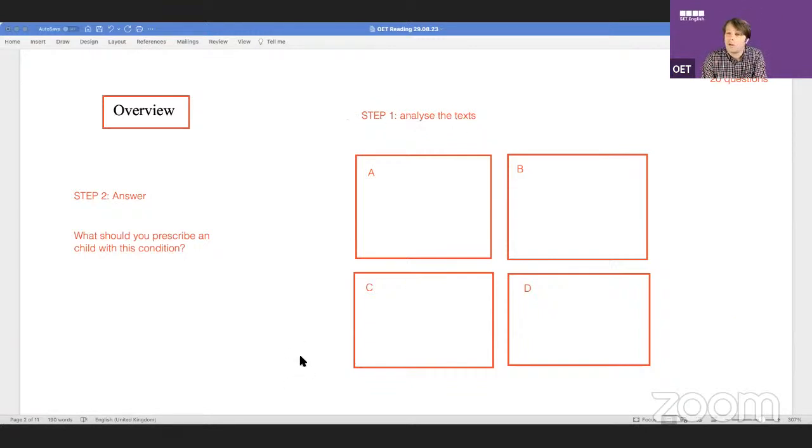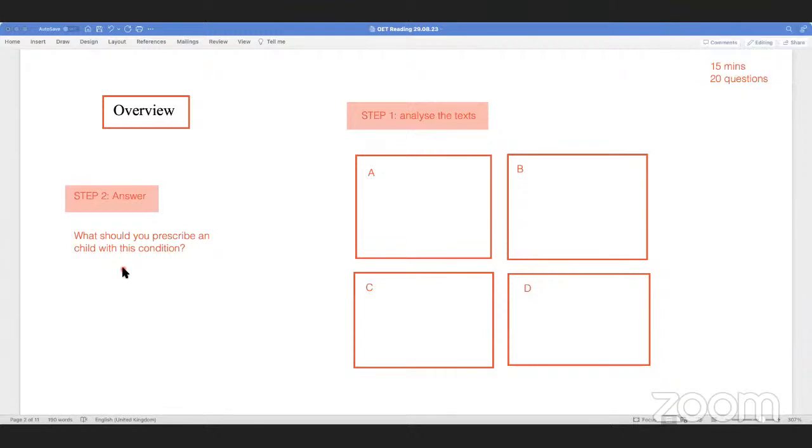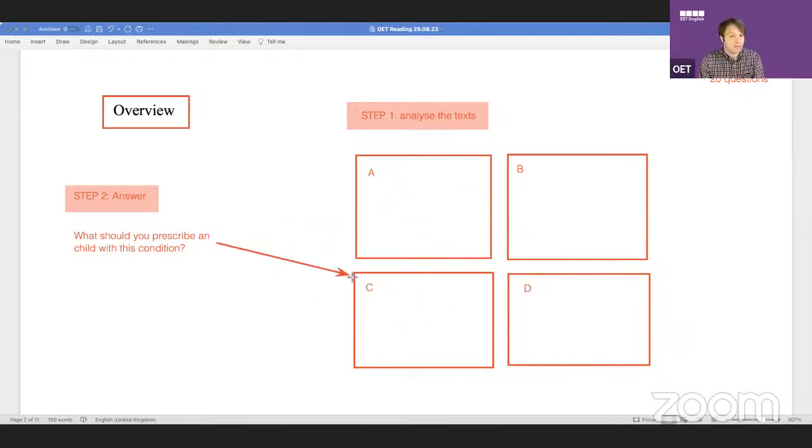Anyone? You save time. Well, let's go with Andrea. Thank you, Vandana. So Andrea is saying to save time. Yes, right? Because this first step, if we do this well, it will mean that step 2 can be faster. Why? Andrea, why is it? You know what you are looking for, and you know in which text you need to find it.